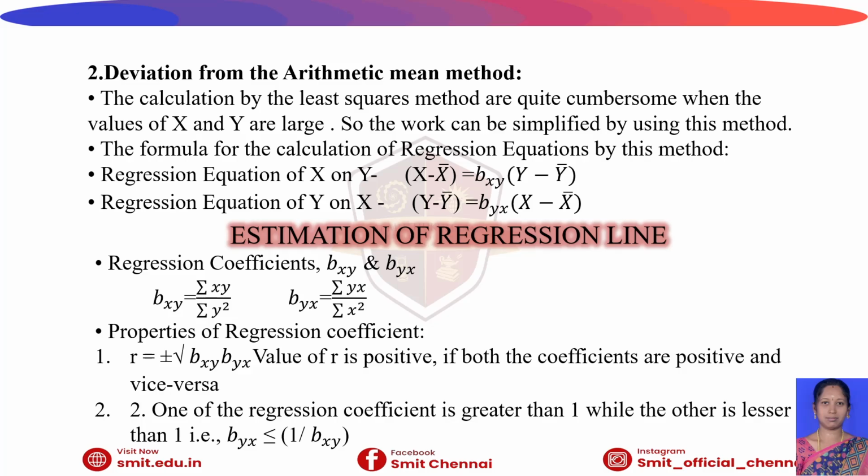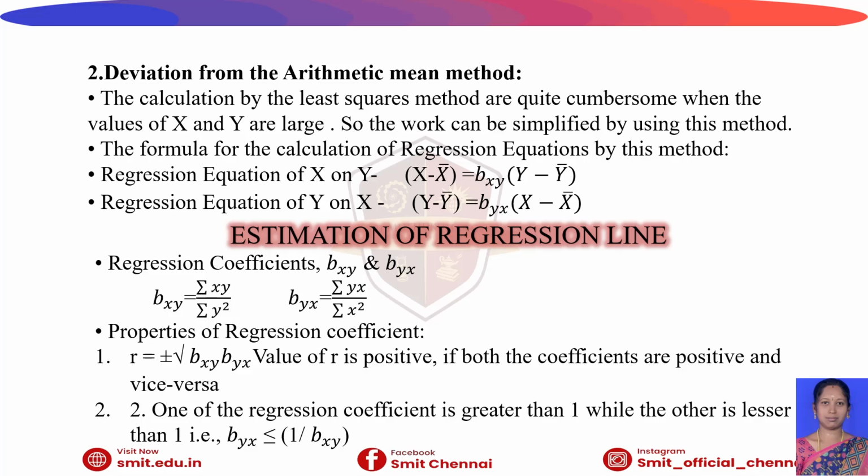Then we show the estimation of regression line. Regression coefficients b of xy and b of yx. b of xy is equal to summation of xy divided by summation of y square. b of yx is equal to summation of xy divided by summation of x square. Properties of regression coefficients. r is equal to plus or minus square root of b of xy times b of yx.